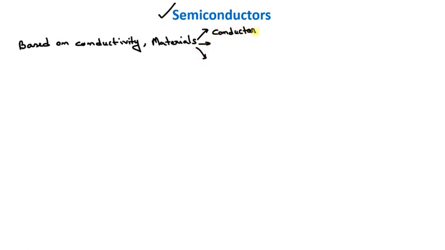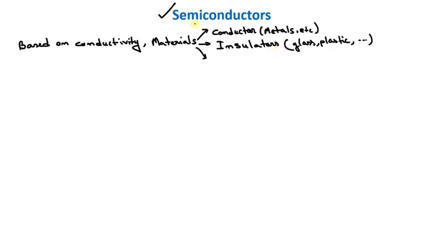The first one is obviously the conductor, which can conduct electricity or current, for example all metals. Then the other one is the insulator, which cannot conduct current, for example glass, plastic, all these things. So a conductor can conduct current, an insulator cannot.